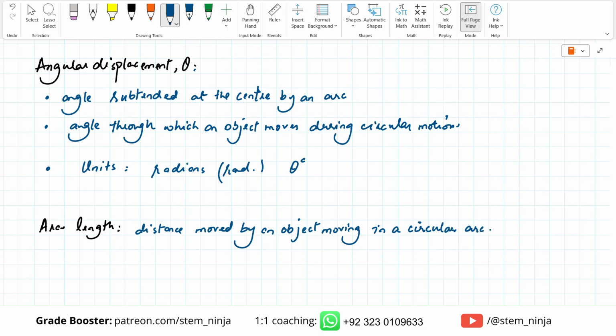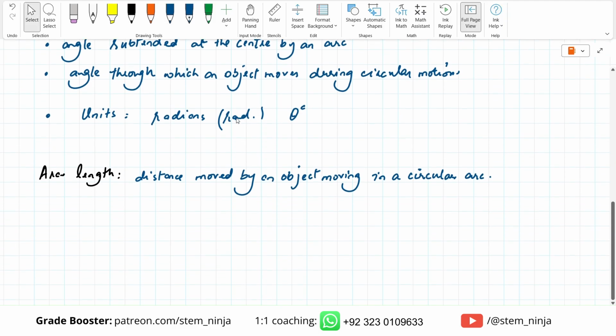This is represented by S. However, in IGCSE, we know that if angles are represented in radians, S would be equal to r theta, where r is the radius, theta is the angle in radians, and S is the arc length.